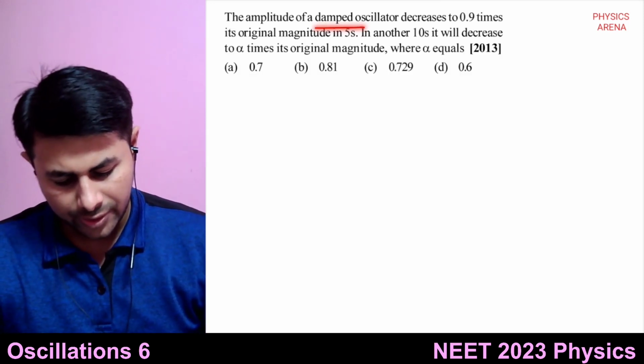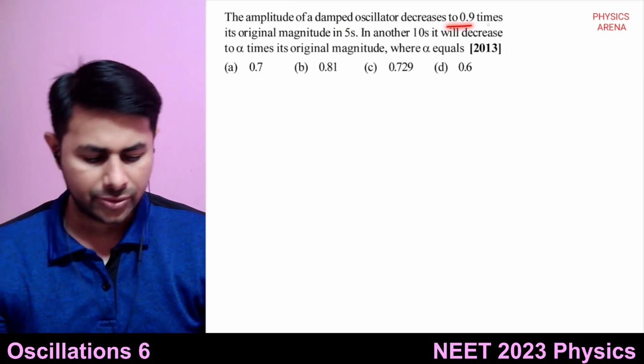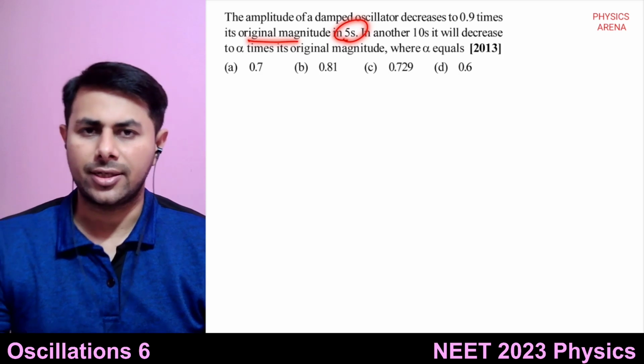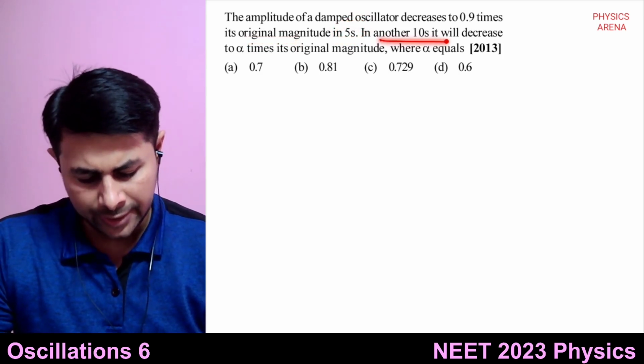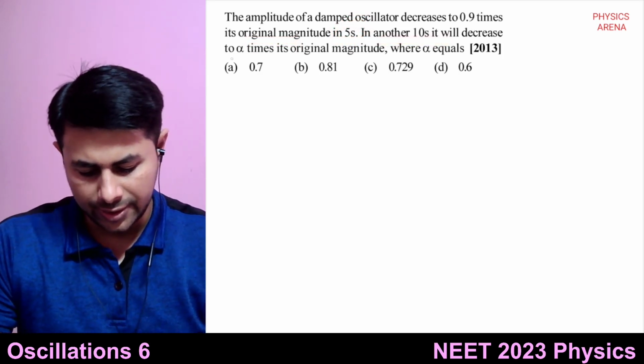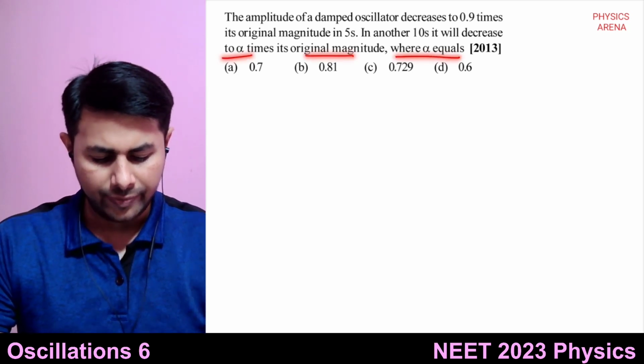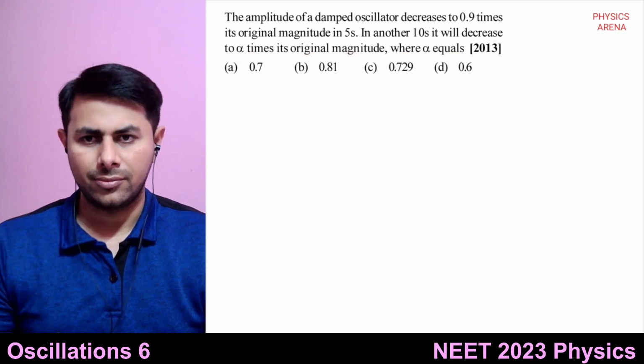The amplitude of a damped oscillator decreases to 0.9 times its original magnitude in 5 seconds. In another 10 seconds, it will decrease to alpha times its original magnitude, where alpha equals.